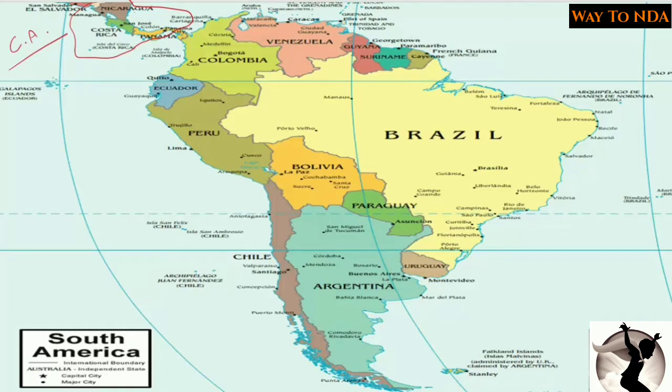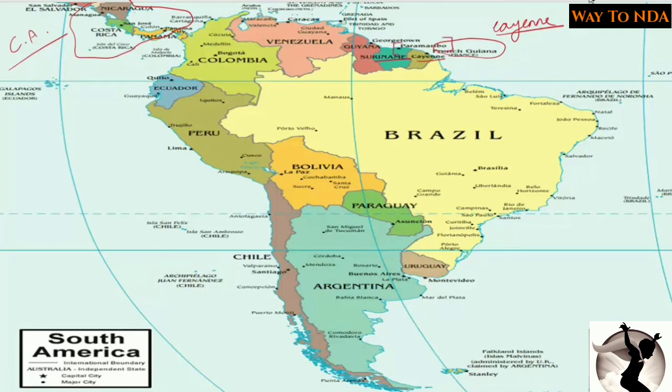The first country in the South American continent, if you start, is French Guiana, and the capital of French Guiana is Cayenne. Actually, I don't know how to pronounce it. The spelling is Cayenne. And Suriname.